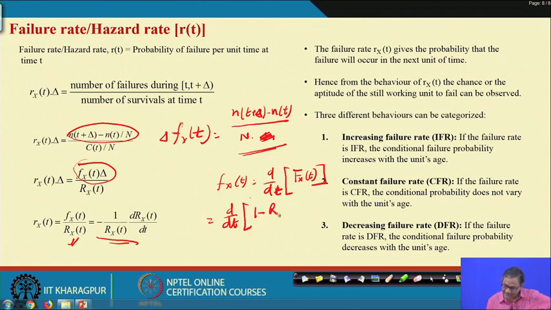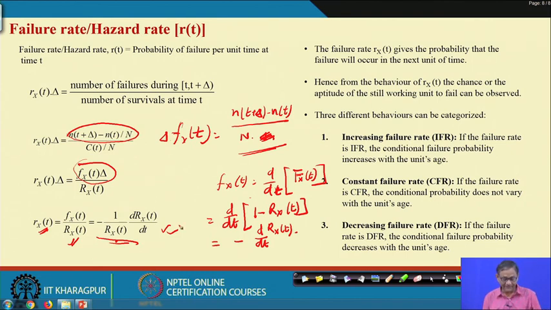That is 1 minus R(t), because F(t) plus R(t) equal to 1. So, if you take the derivative, this will be 0 and this will be minus d by dt of R(t). If you write f(t) in this form, then h(t) will be minus 1 by R(t) into dR(t) by dt. That means the hazard rate in terms of reliability.